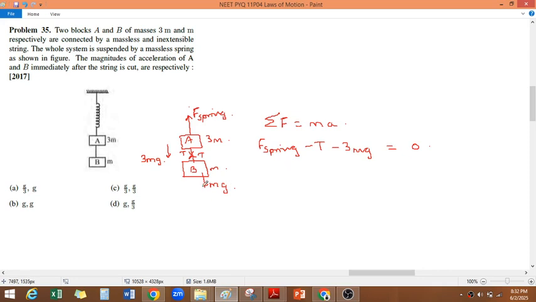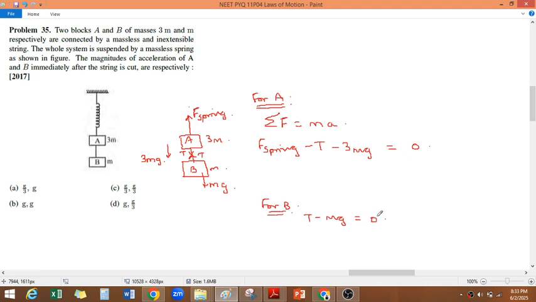But now, in this, if I come for this is for A, so for B, tension is acting upwards, mg is acting downwards, so T minus mg is equal to 0.